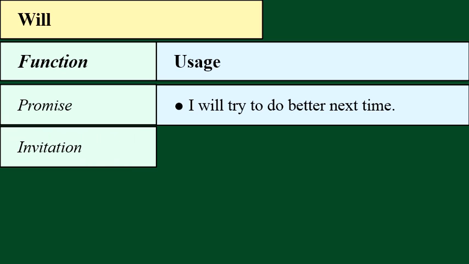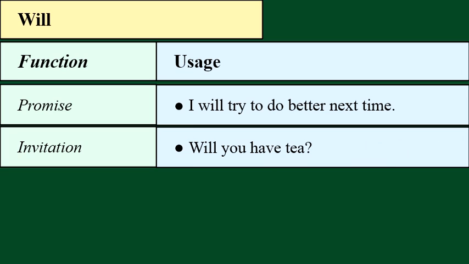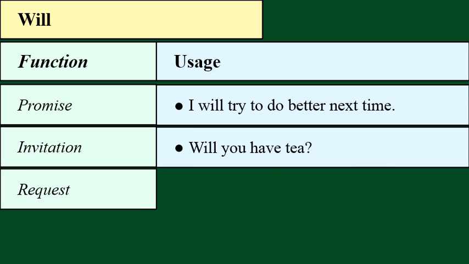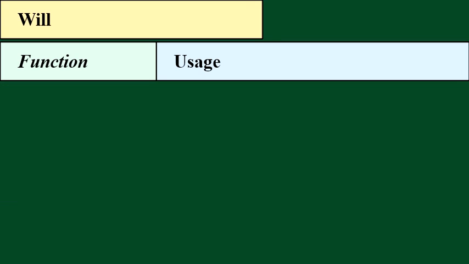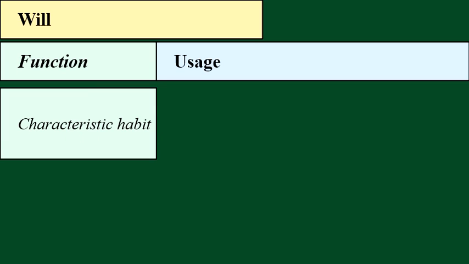It is used for invitation. Example is, will you have tea? It is also used to indicate a request. The example is, will you lend me your scooter? Will is also used to indicate characteristic habit.